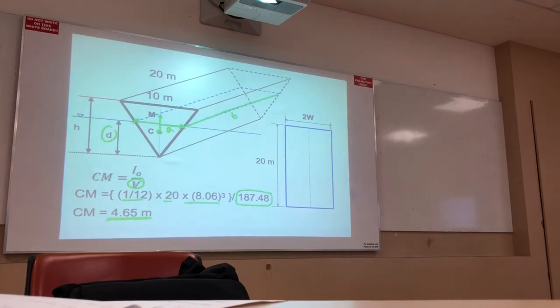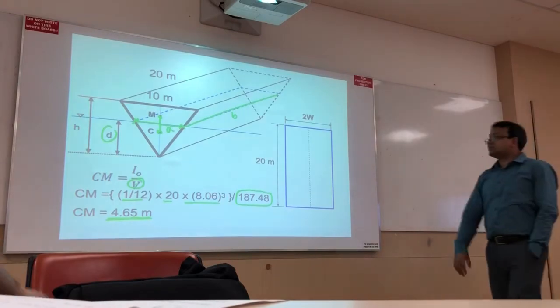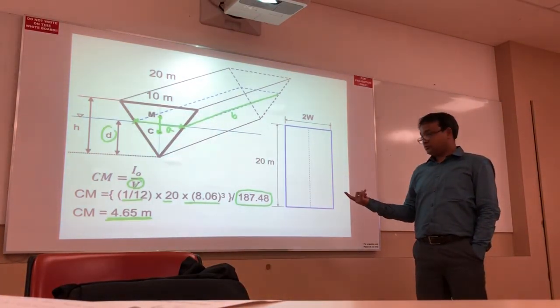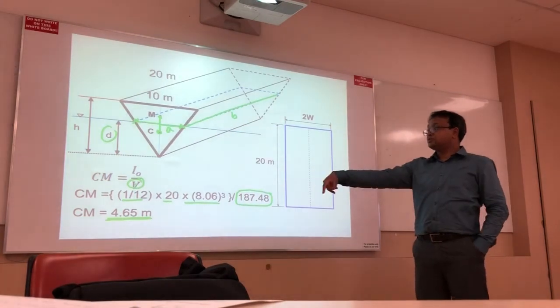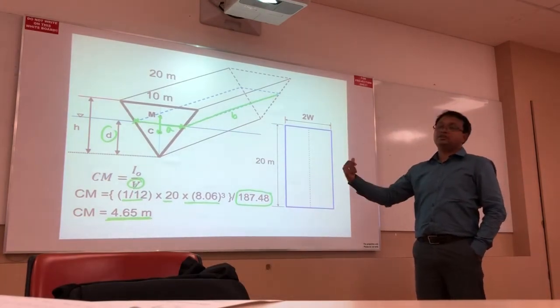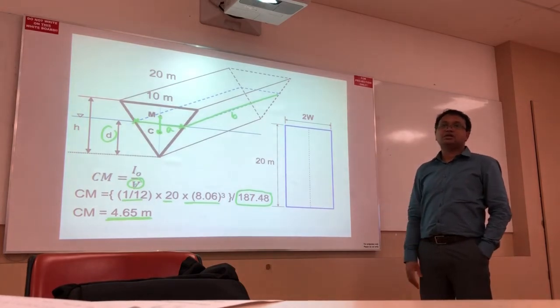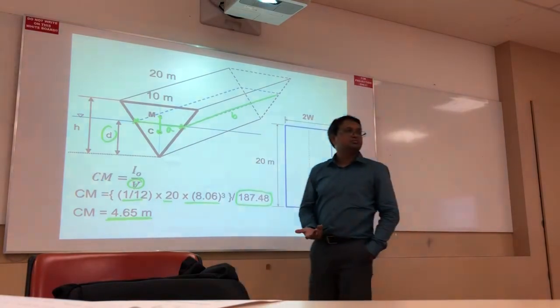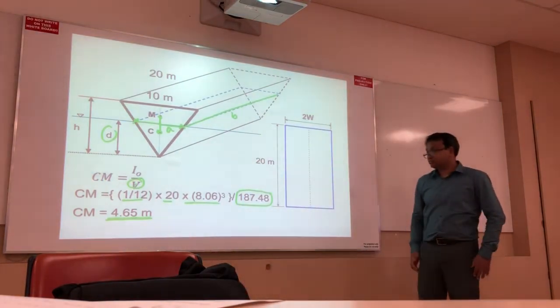So which one is higher? CM is higher, right? What is CG? Smaller, 2 point something, if I am correct. So CM becomes 4.65, which is much higher than CG. So the system is stable. If I get this value very small, then not stable.